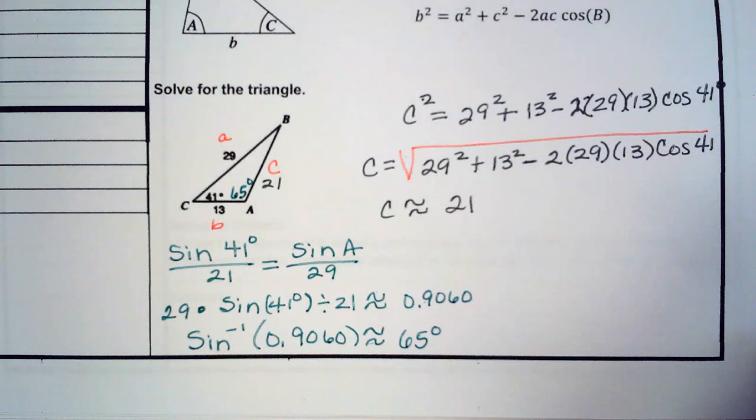Okay, when you find two of your angles, the quickest way, rather than even using law of sines, is your triangle sum theorem.